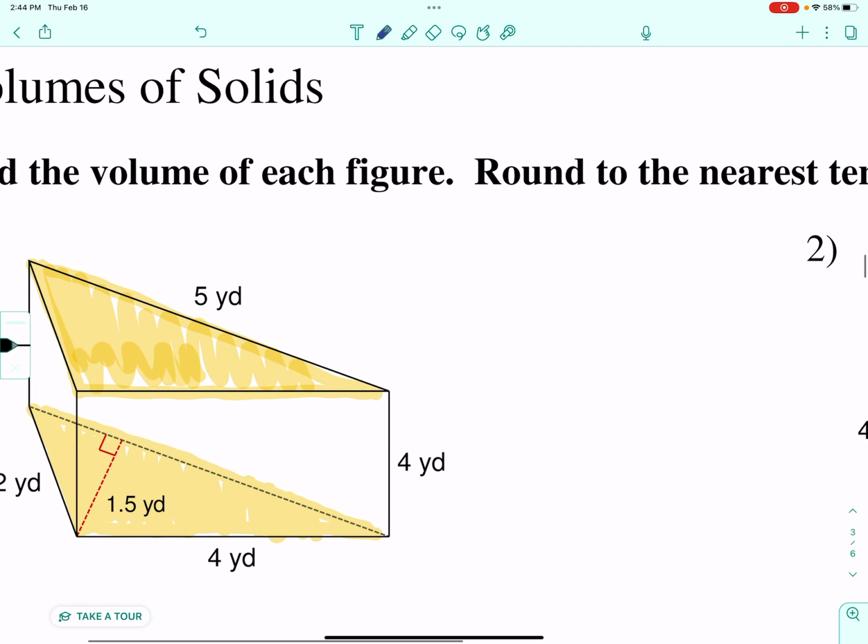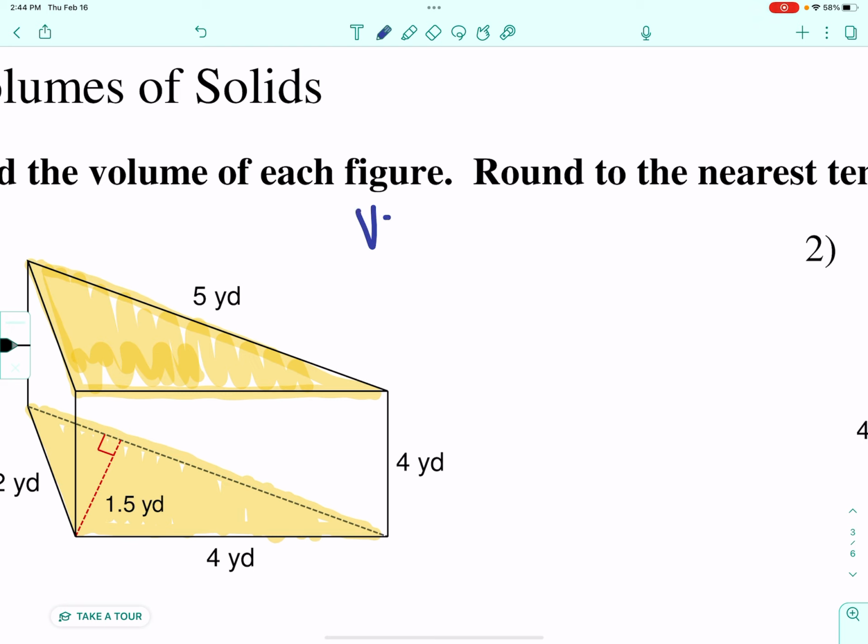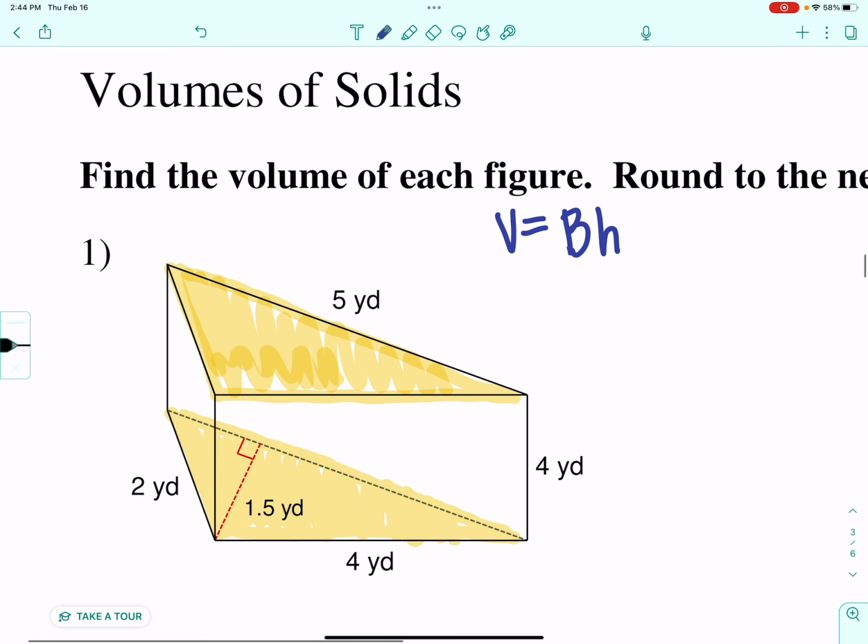Now our formula said area of the base times the height. Well, my base was a triangle. So this time, my big B is going to be the formula for the area of my triangle.